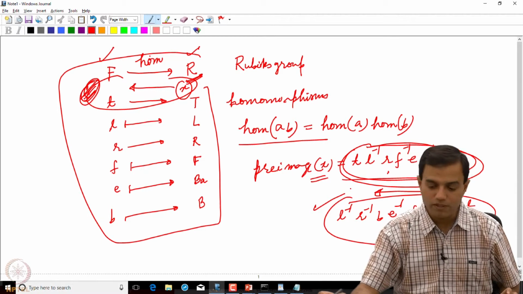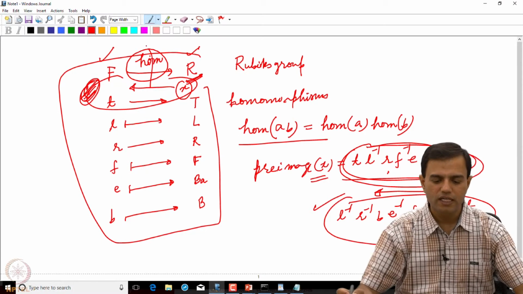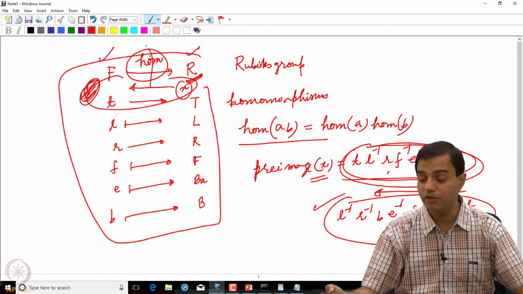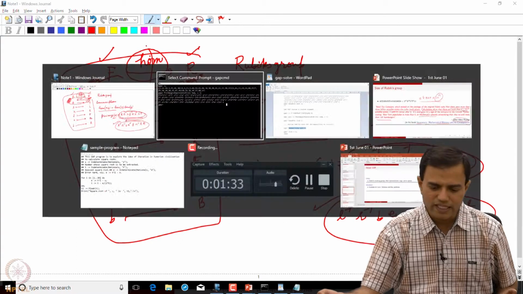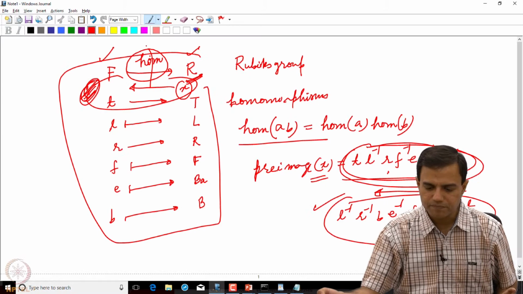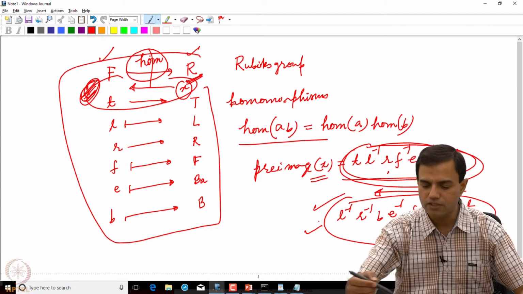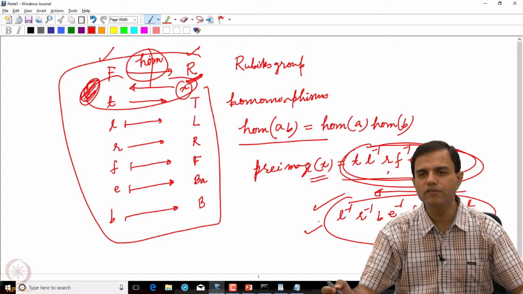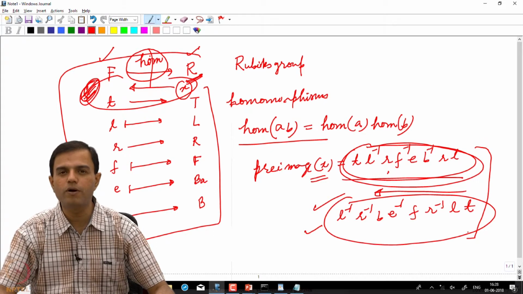Although this might not be the most efficient way, because the pre-image that I have picked is just one of the pre-images. I am not taking the pre-image which is shortest in length. That's a drawback, but nevertheless, through all this we can understand that we can store the Rubik's cube in GAP first of all, and then we can solve it using GAP with the idea of homomorphisms, and free groups are playing an important role.